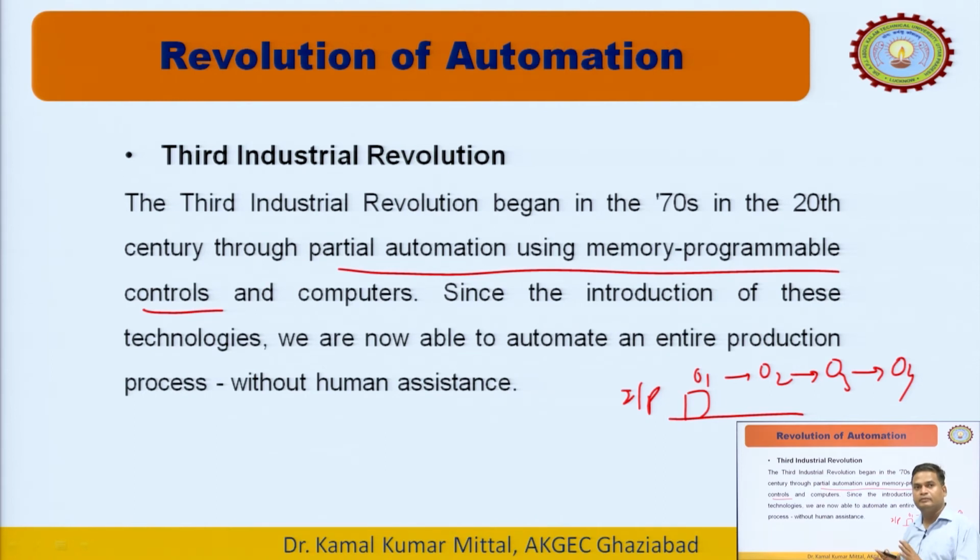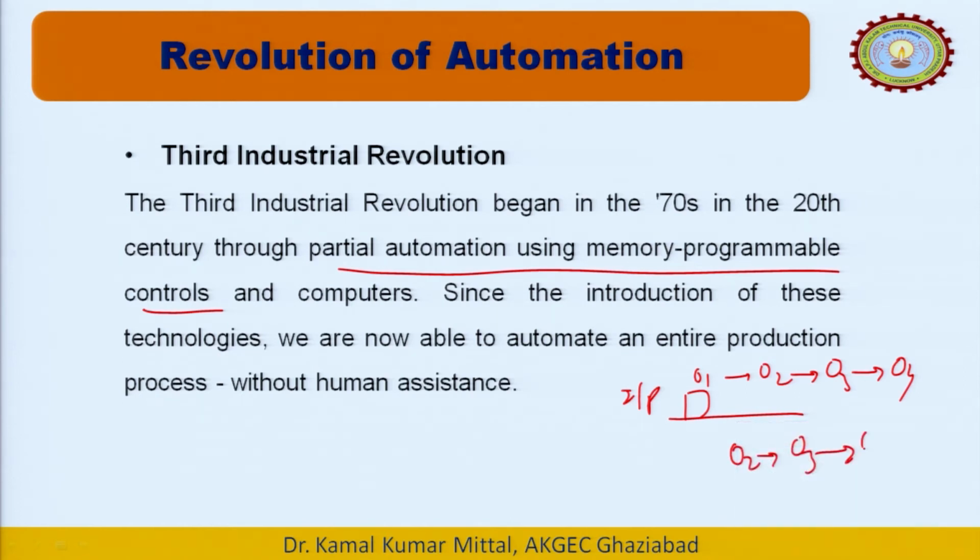So a program is stored in the memory of the computer. Now if we have to make a different product and the set of instructions changes, suppose O2, then O3, then O1, then O4, the sequence of operations changes. ऑपरेशन का जो सीक्वेंस है, क्रम है, उसका सीक्वेंस बदल जाता है, तब हमें प्रोग्राम्स बदलने होते हैं. Because of the memory programmable controls we are using, this can easily be programmed and edited for producing a second type of product. So the third industrial revolution tells about memory programmable controls and computers.